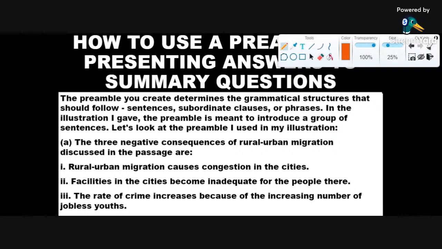And then question A says, in 3 sentences, 1 for each, summarize the 3 negative consequences of rural-urban migration discussed in the passage. And then I came up with this preamble. A, the 3 negative consequences of rural-urban migration discussed in the passage are colon.